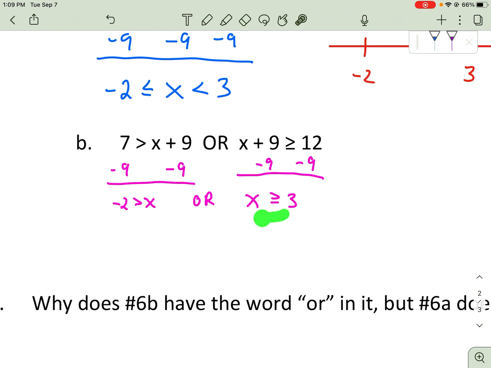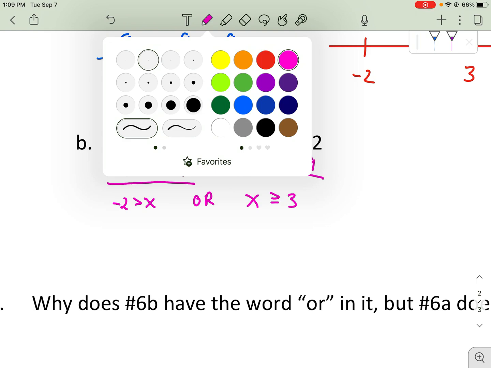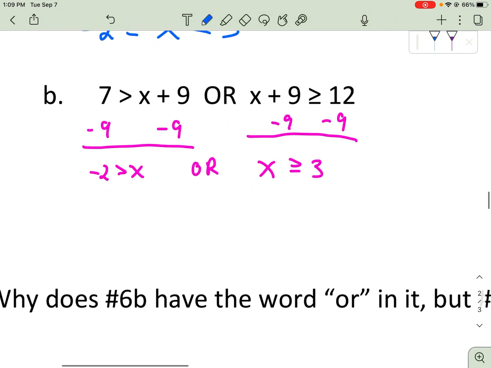Now if you pick a number greater than or equal to 3, like 5, 5 is of course greater than 3, but 5 is not less than -2. So it works here, but it doesn't work here. That's why it's an or statement, because it works in one or the other. We're finding the solutions that work in one or the other, but not both at the same time, because there are no solutions that will work in both at the same time.